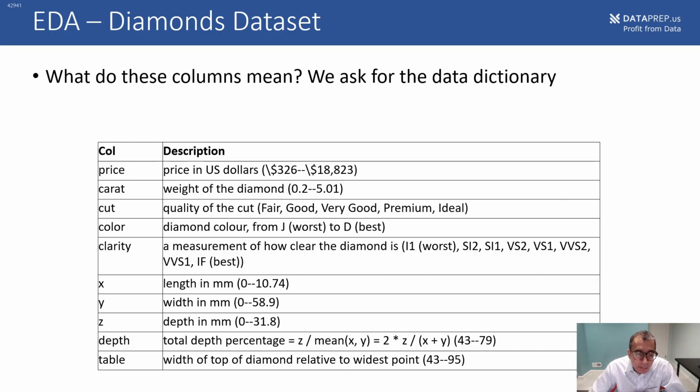So when we see the price column, we assume that the price is in US dollars, but it could very well have been in another currency. It could have been in euros or something else. So it is always a good idea to ask for the data dictionary or make sure that we have a correct understanding of what each of the columns contain.